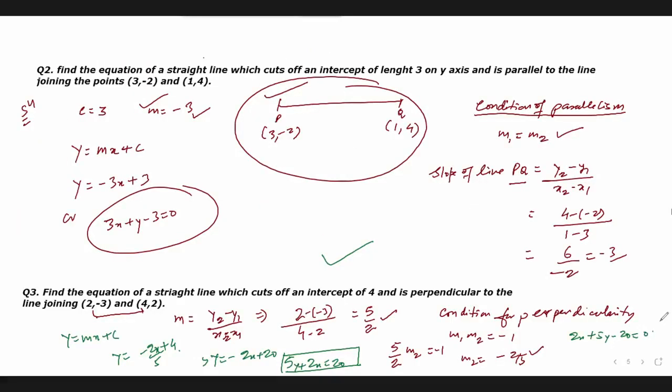So we can apply this form y equals mx plus c when intercept and slope we can get anyhow. For slope, they can give you the coordinates on a line, or they can give you the coordinates of a line which is parallel to the required line, or you can apply the perpendicularity condition. So different ways are there.